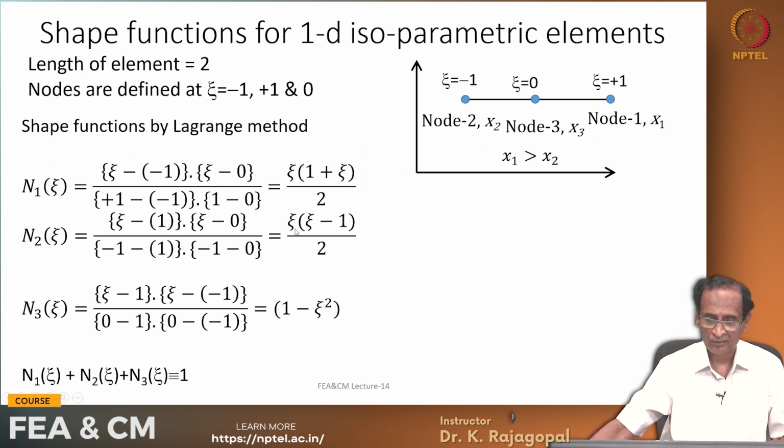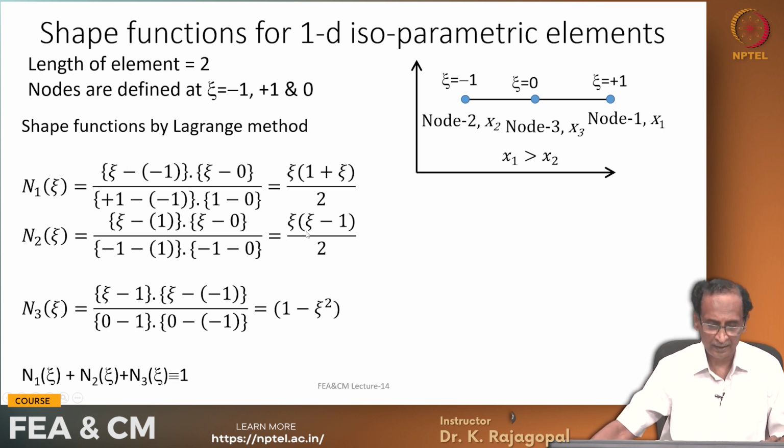Similarly, n2 will be xi times (xi minus 1) by 2 and n3 is (xi minus of minus 1) multiplied by (xi minus 1), divided by (0 minus of minus 1) and (0 minus of plus 1), and this comes to 1 minus xi square.